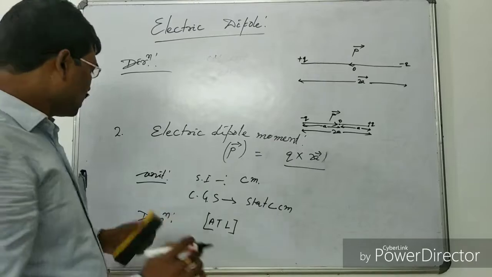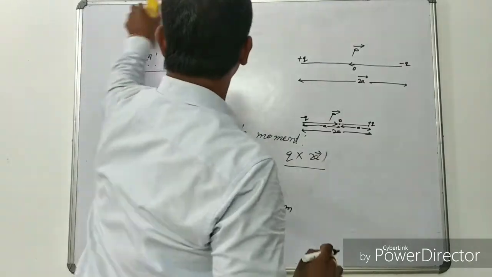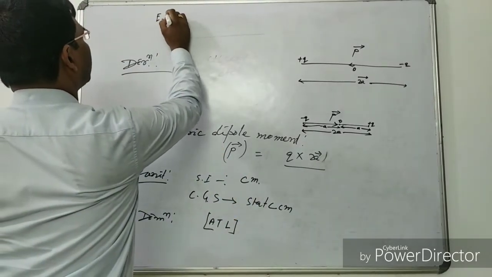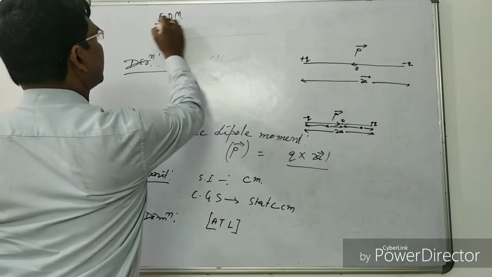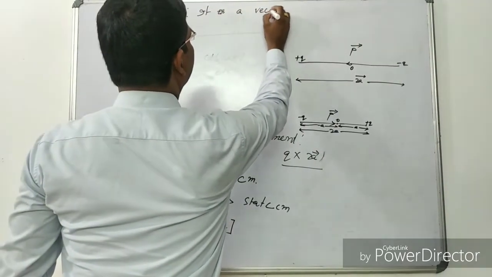But the basic importance, now follow me. The electric dipole moment, you can say EDM, is a vector quantity.